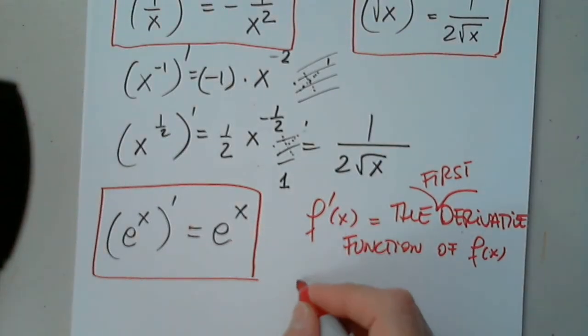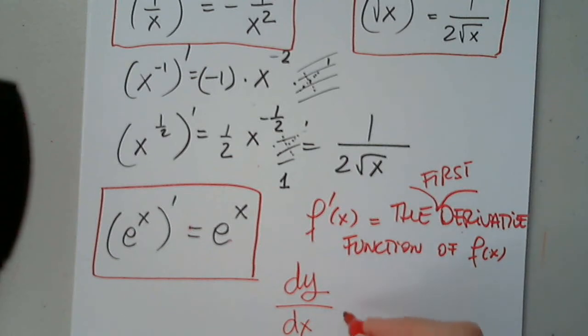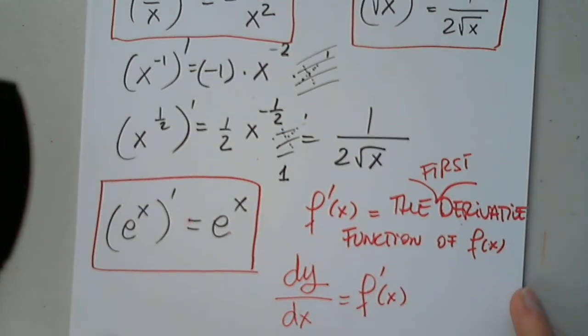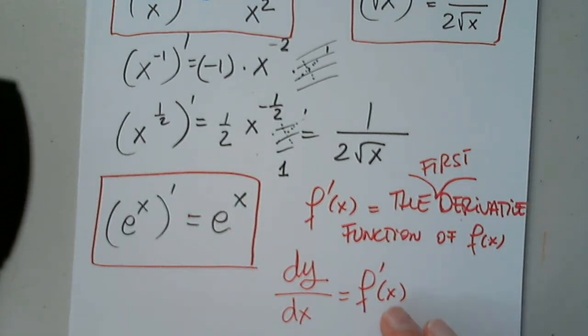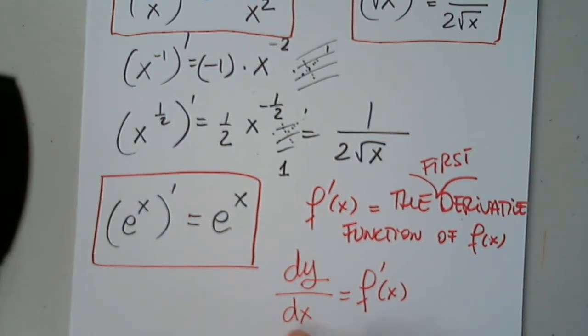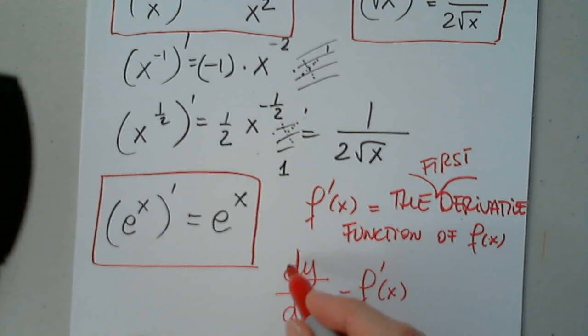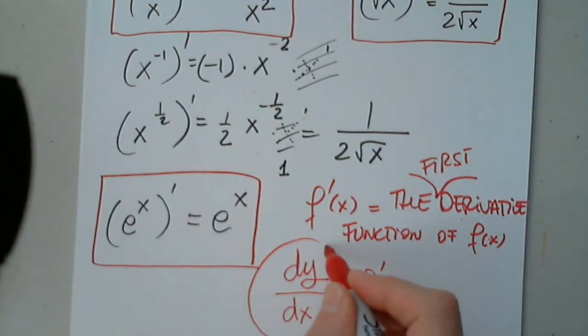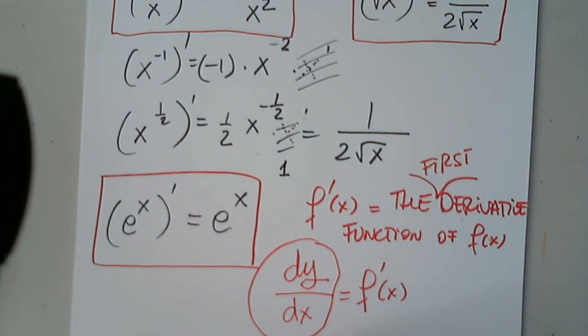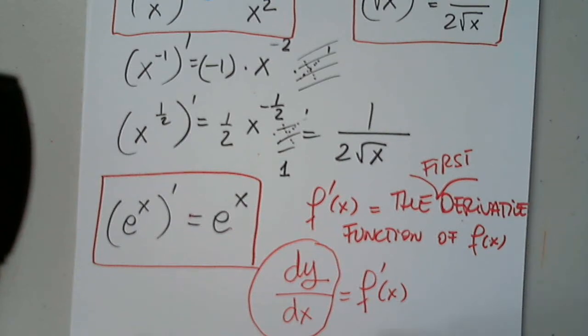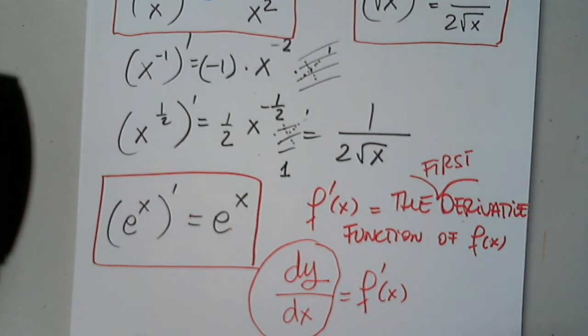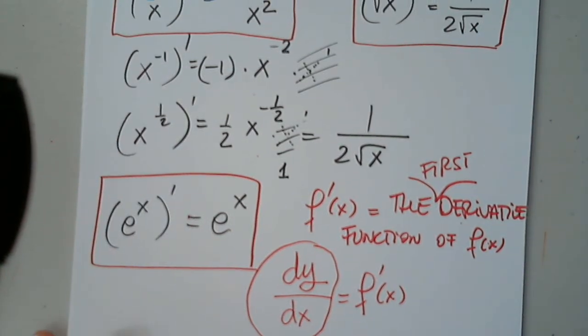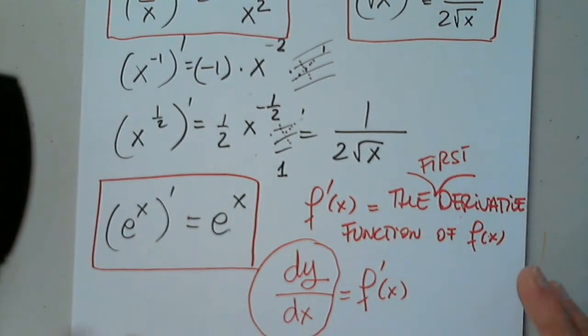But what about the notation dy over dx? It means the same thing. Sometimes we prefer this, sometimes we prefer this. This notation has a name, Leibniz notation. It bears the name of the person who invented it.